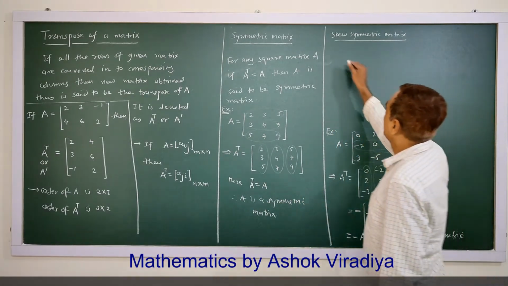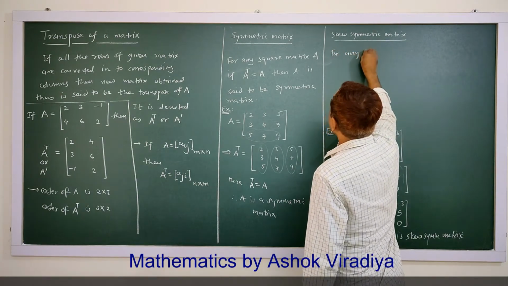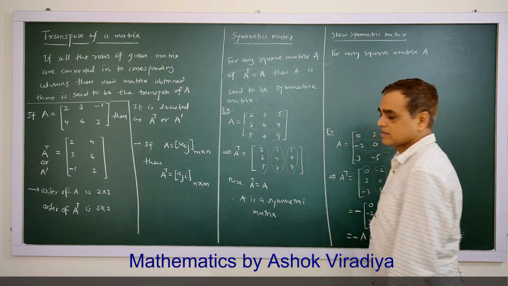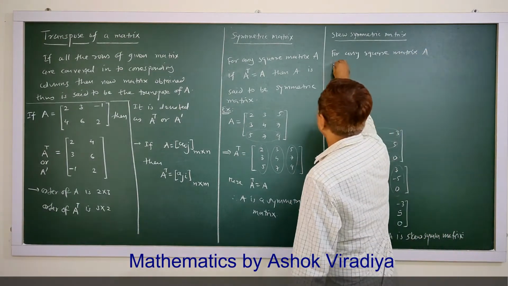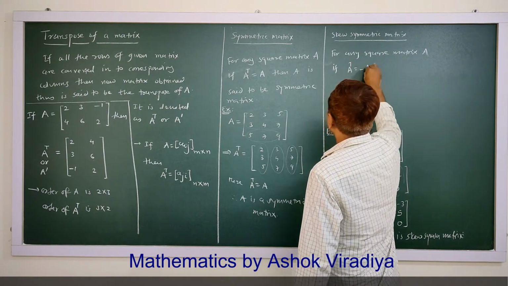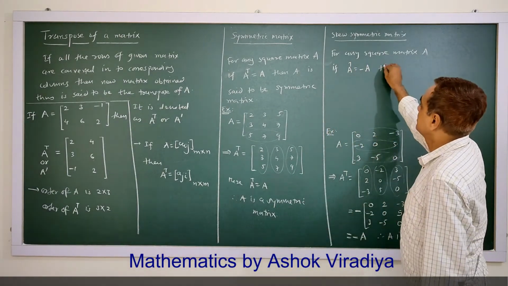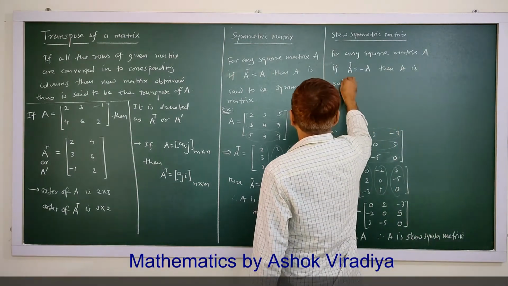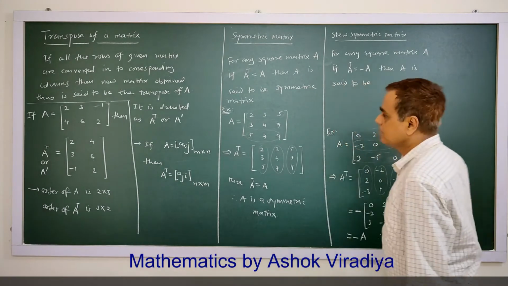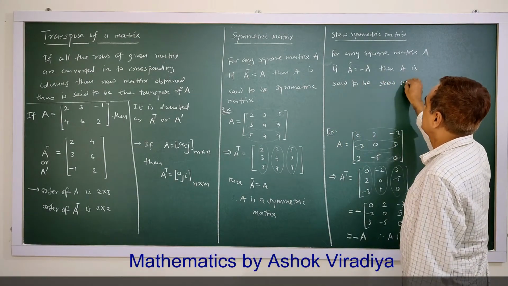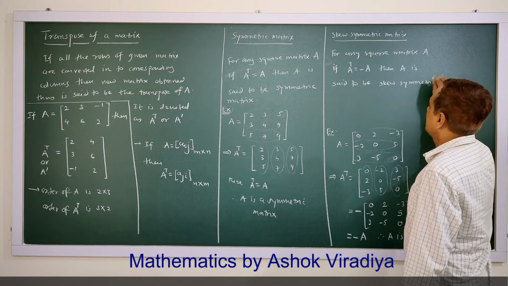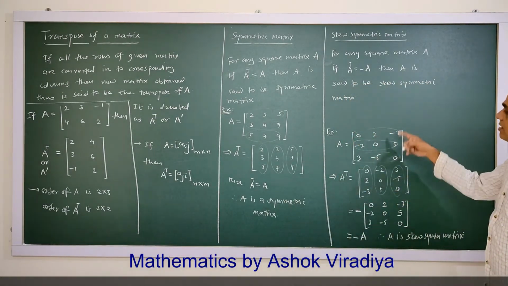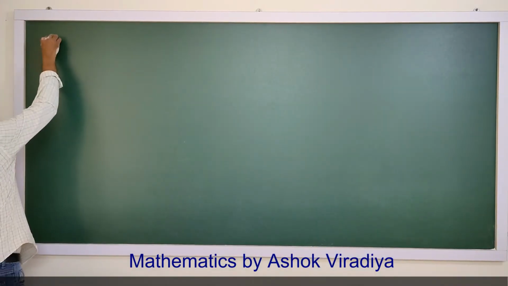So here, for any square matrix A, if A transpose is minus A, then matrix A is said to be a skew symmetric matrix. And here this is an example. Now properties.